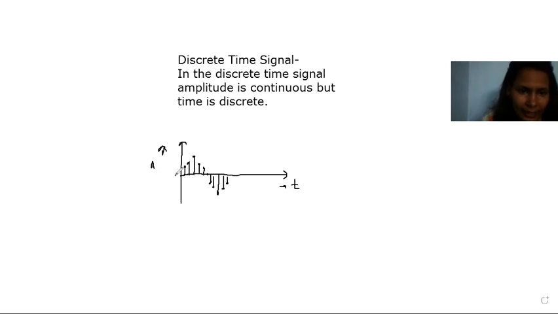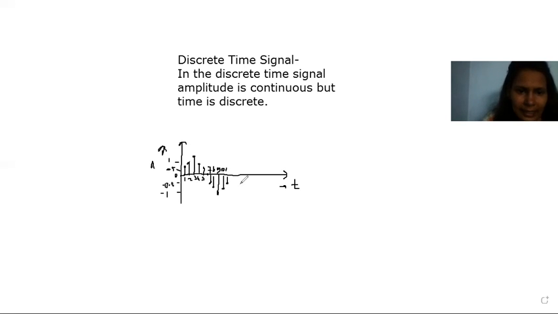Suppose the value of amplitude can be plus 0.5, plus 1, minus 0.5, minus 1, but the time will be discrete. Like 1, 2, 3, 4, 5, 7, 8, 9, 10, 11.